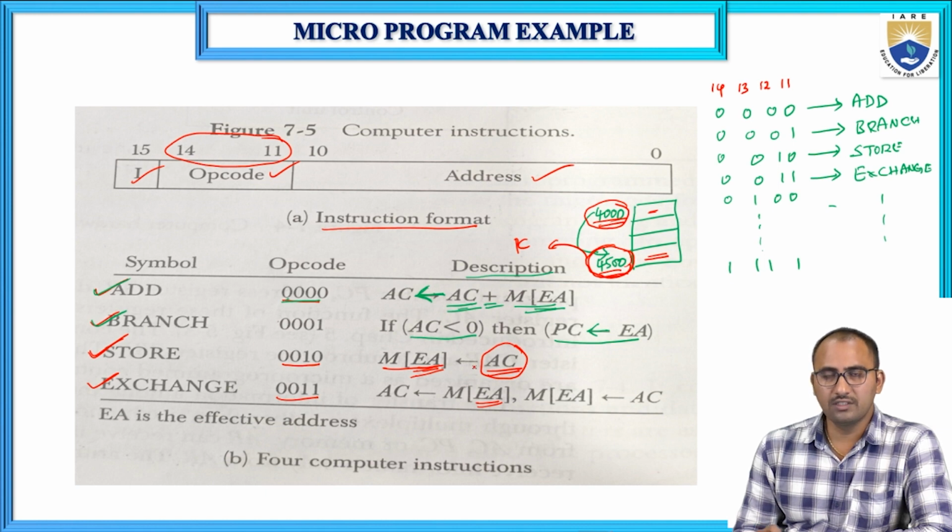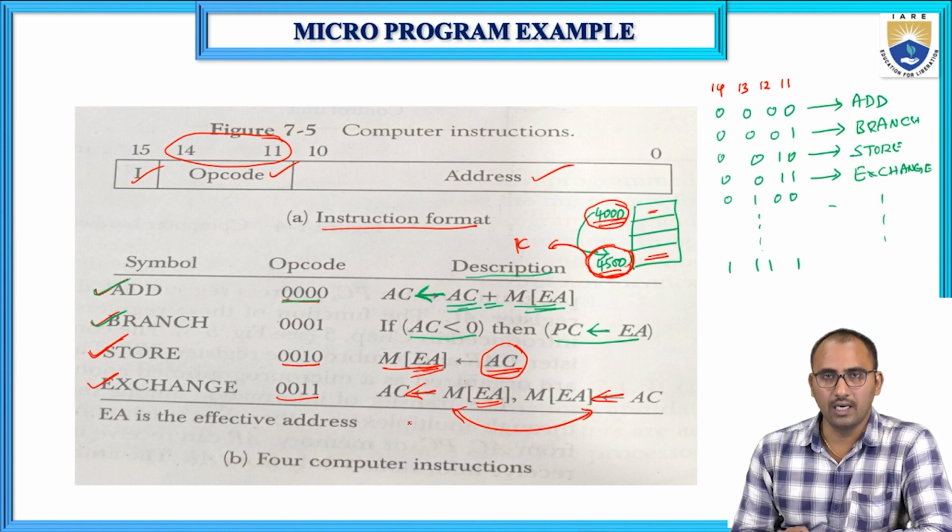The content present in the effective address is transferred to the accumulator, and similarly the data present in the accumulator is transferred to the memory whose address is specified by the effective address. So the contents are exchanged between the accumulator and the memory. These are four operations out of the 16. Like that, a total of 16 operations we can perform.